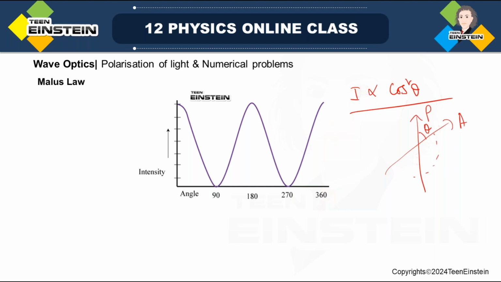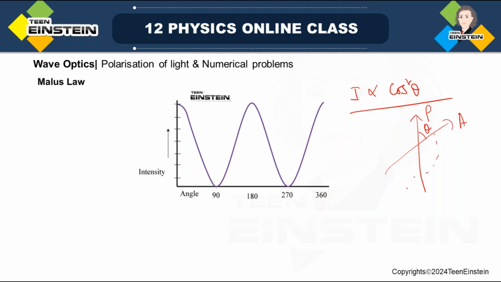Then theta varies from 0 to 90 degree to 180 degree, then 270 degree and 360 degree.